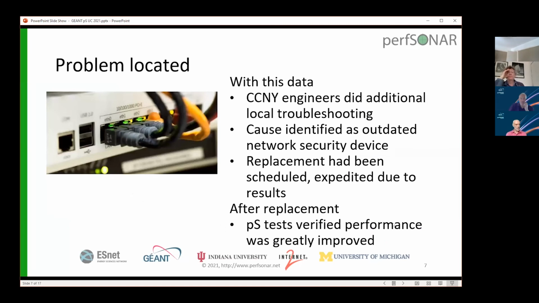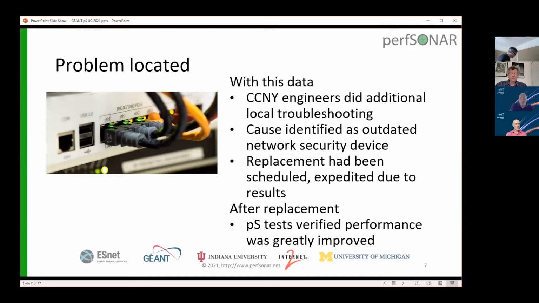So we go back to CCNY with all this information and say, look, we really need you to start scouting around, possibly building to building or logical connection point to logical connection point, however that looks on your campus network, and see if you can narrow this down. So we gave all the information we had back to CCNY to do some additional local troubleshooting. And it turns out they found an old outdated security device just ahead of the research lab that was having the problem.